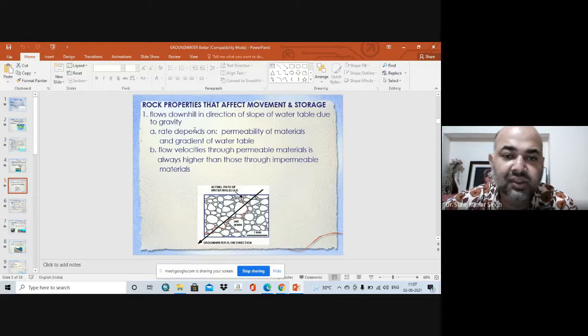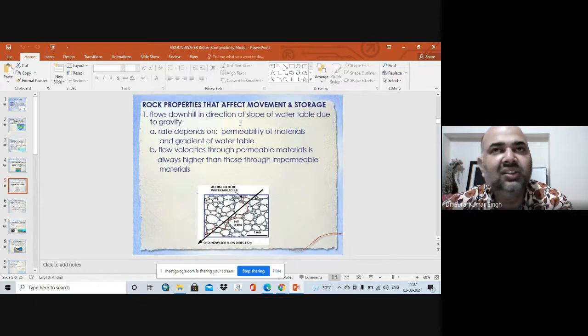So what are the different rock properties that affect the movement and storage? The first one is that water flows downhill in the direction of the slope of the water table due to gravity. I've already stated that if you see right now the flooding condition in Himachal, and compare that with the flooded condition in Bihar or UP, you'll find that there is a difference in the velocity of the river.